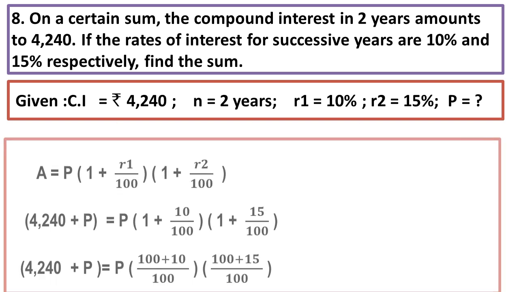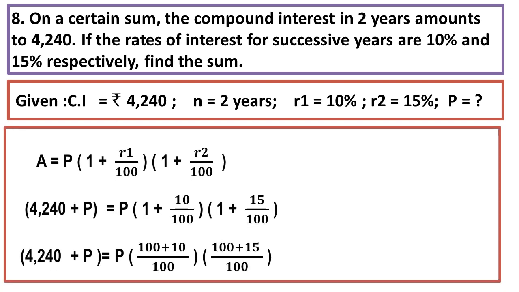So, use the formula amount is equal to P into 1 plus R1 by 100 into 1 plus R2 by 100. In this problem also, the rates for successive years are different. As we know that amount is compound interest plus P. So, in this problem, compound interest is 4,240 and the P is the unknown value.